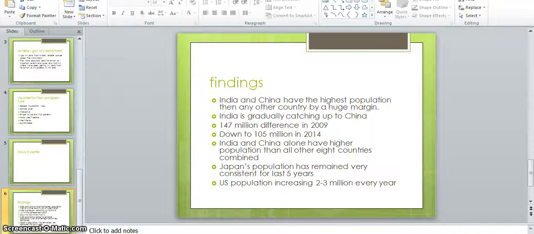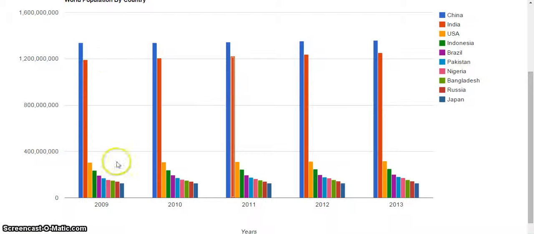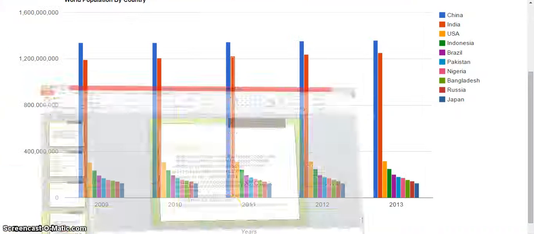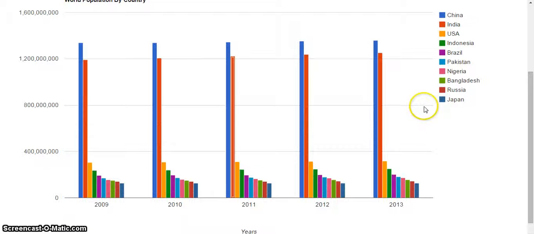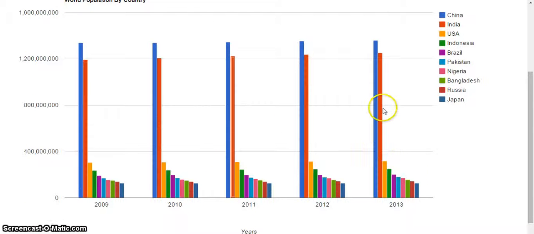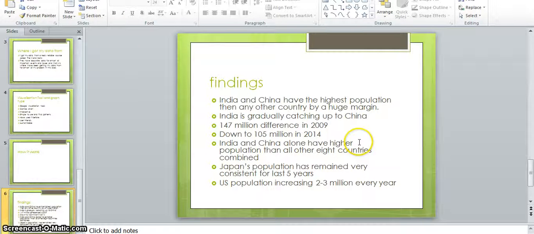India is gradually catching up to China. In the beginning of 2009, the difference between India and China's population was 147 million, and it has been brought down to only 105 million in 2013. So India has been really catching up to China in that matter.